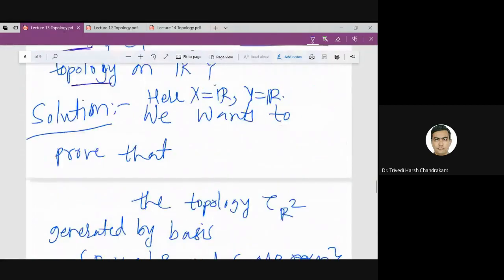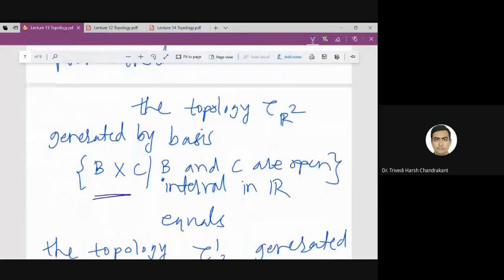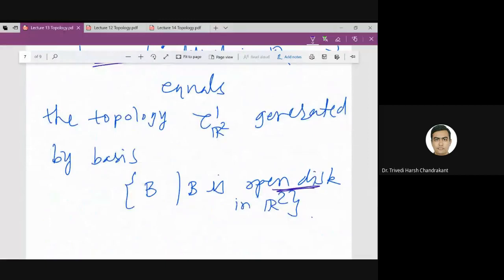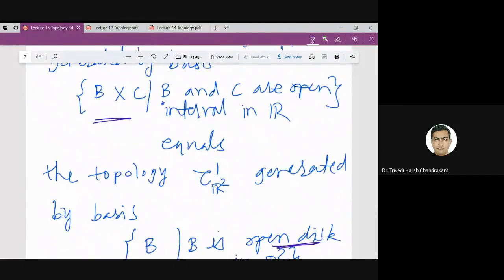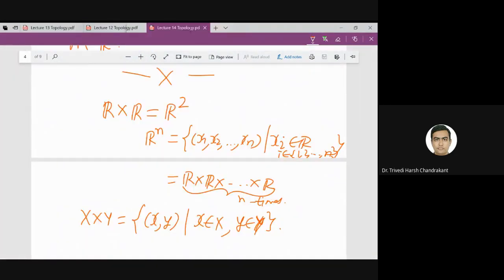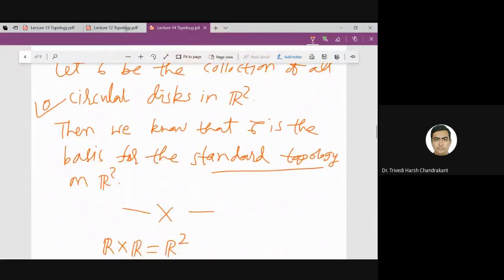So we want to prove that the topology generated by this is equal to the topology generated by this basis of open disks. Have we verified this earlier? As you said, one basis has rectangular regions and the other basis has open circular disks.